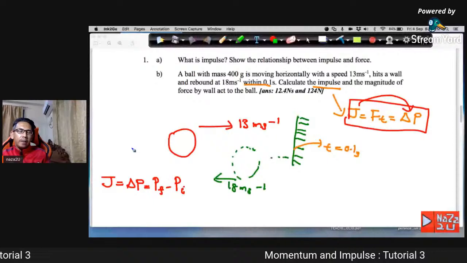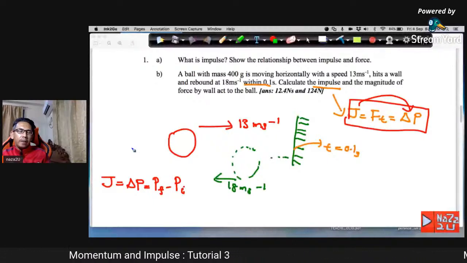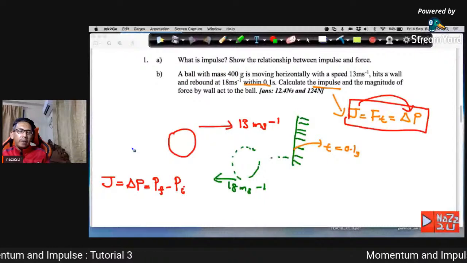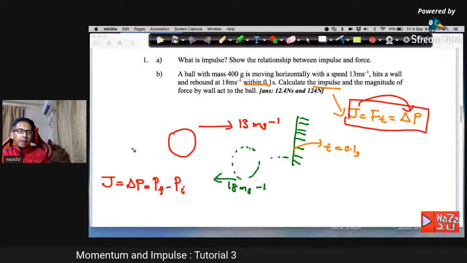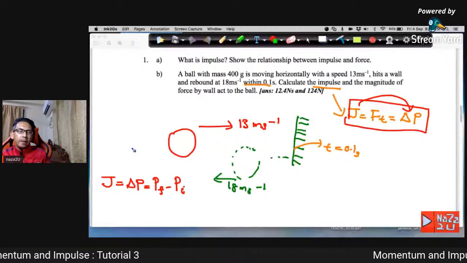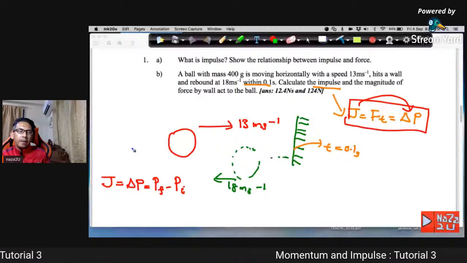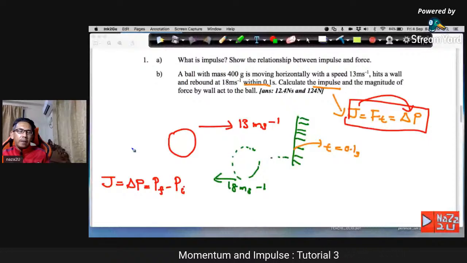Momentum P is equal to mass times V. So the impulse is momentum final minus momentum initial.